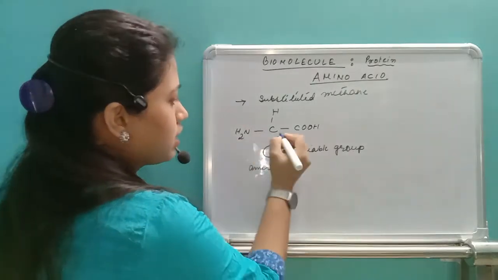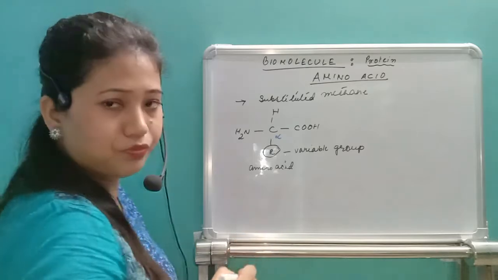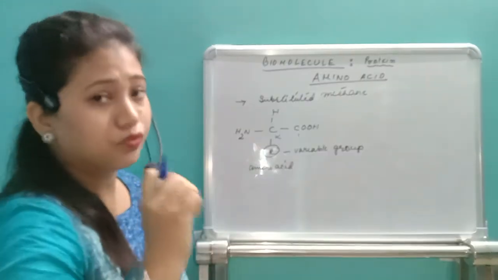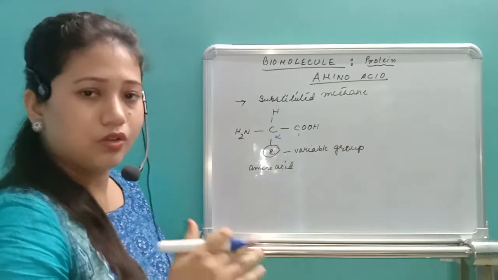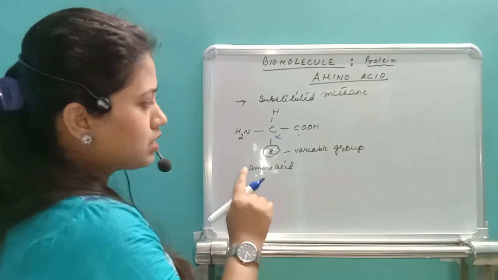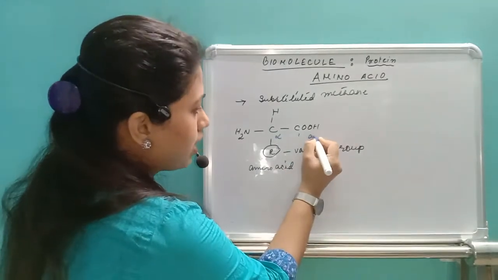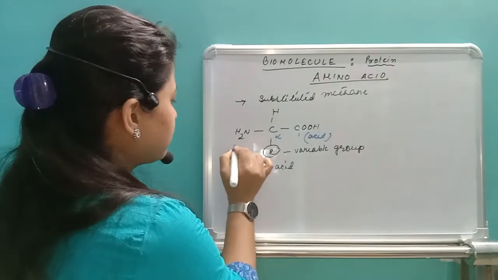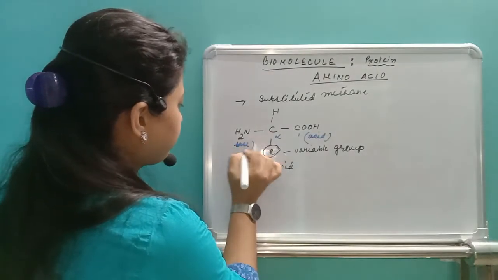Whenever you see this general structure of amino acid, you can see here the same alpha carbon. This is the first carbon, and here is the second carbon with which all the groups will be attached. So this will be called the alpha carbon. On this alpha carbon, on one side we have the carboxylic acid, and on the other side the base.